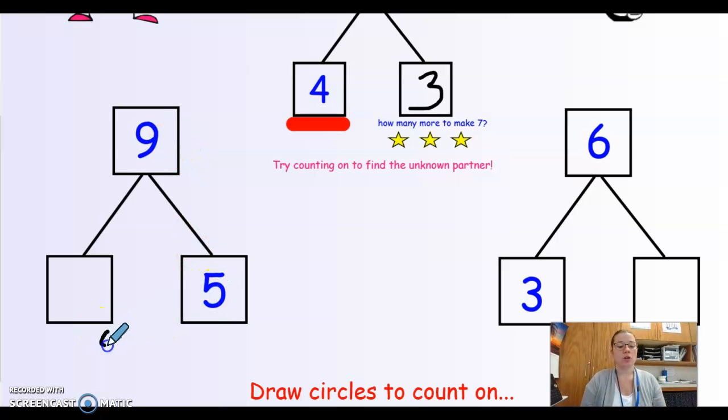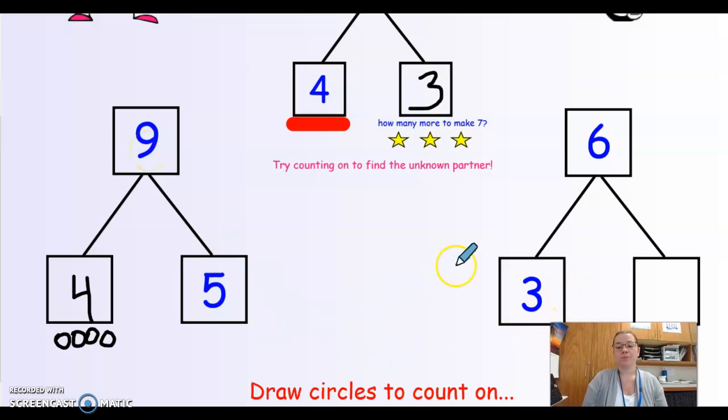We would draw a circle for 6, 7, 8, 9. Oh, I heard that number. I better stop. Let's count how many circles. 1, 2, 3, 4. 4 is our unknown partner. So 4 and 5 are partners of 9.